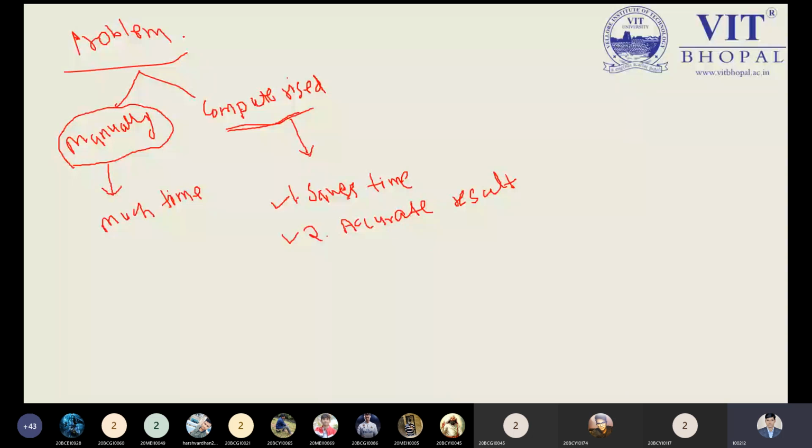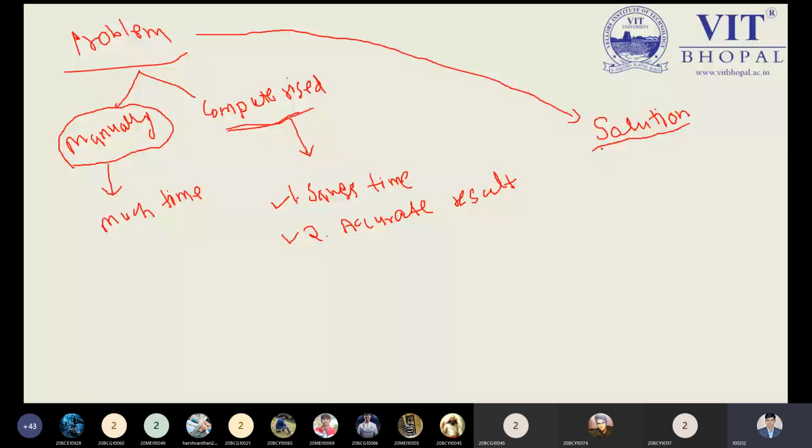Now I have another part of this, that is a solution. Right now I'm not talking about multiple solutions. I'm just talking about a single solution. We will discuss the multiple solution part later on, but let us understand what solution means. After understanding the problem, we have some idea by which we solve the problem.